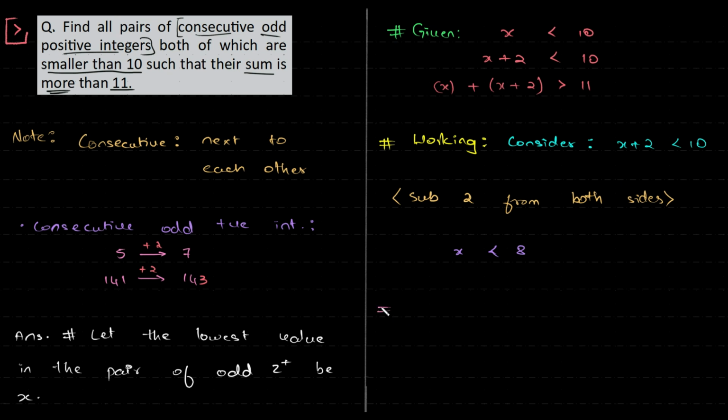Next, so this is solved, right? Next we need to solve by considering x plus x plus 2 is greater than 11. So what can we do with this? This is basically 2x plus 2 is greater than 11. So we can subtract 2 from both sides.